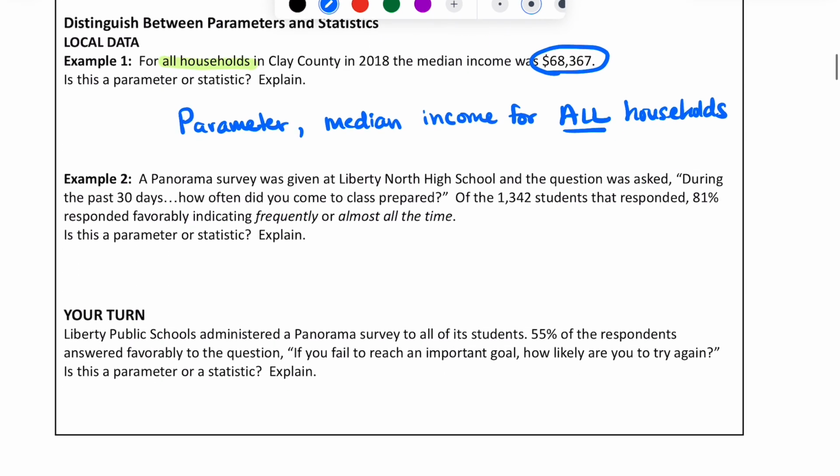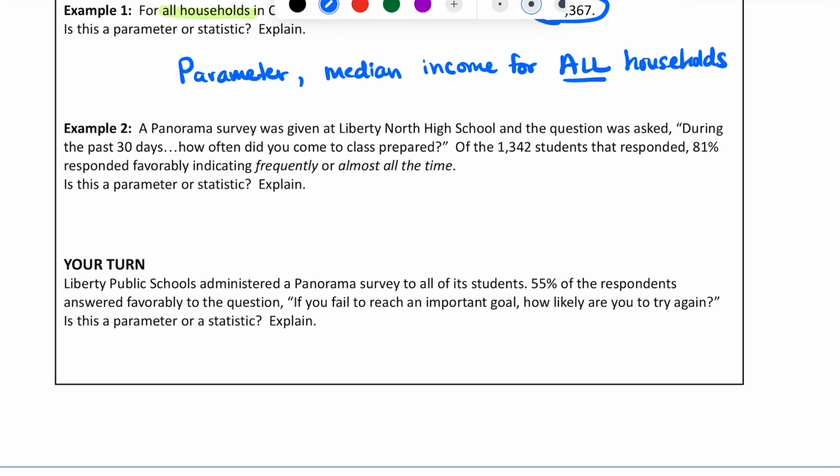If I compare that to example 2, it says a Panorama survey was given at Liberty North High School, and the question was asked, during the past 30 days, how often do you come to class prepared? Of the 1,342 students that responded, 81% responded favorably, indicating frequently or almost all the time. Is this a parameter or a statistic? Well, since it says only of the 1,342 students that responded, that means that not all students responded.